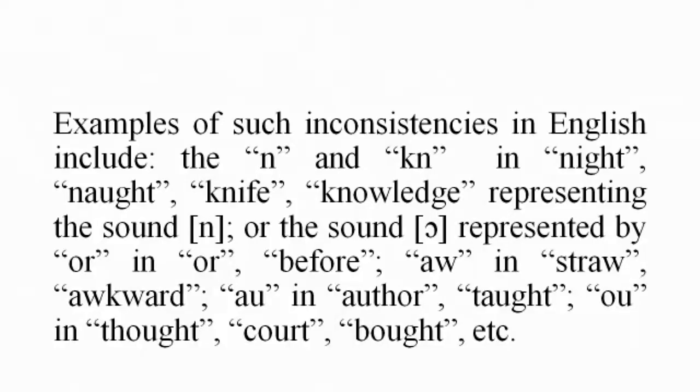We have such very many inconsistencies in the English language. For instance, you have the letter A and the letter K in the word night, and then north in the word night, and you also have it in night. So you see that the same sound is here represented with different letters of the alphabet, and that is not a good alphabetic system.